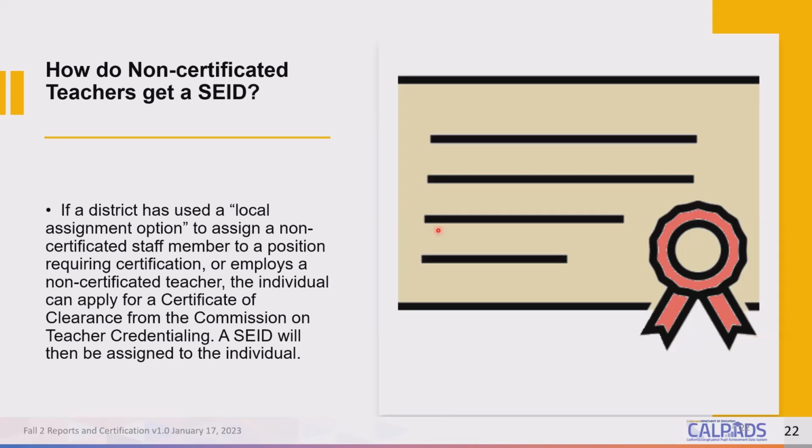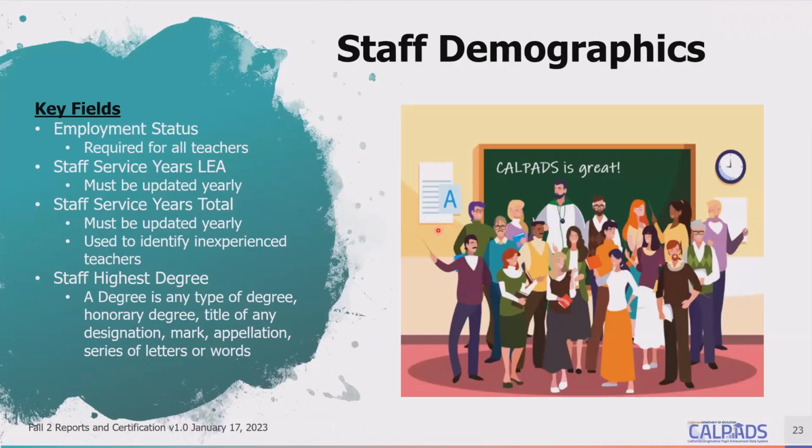So if you have a non-credentialed charter school admin or non-credentialed charter school teachers, you have to at least acquire a certificate of clearance while they are trying to get their normal credentials. So part of the staff demographic file is this information here.